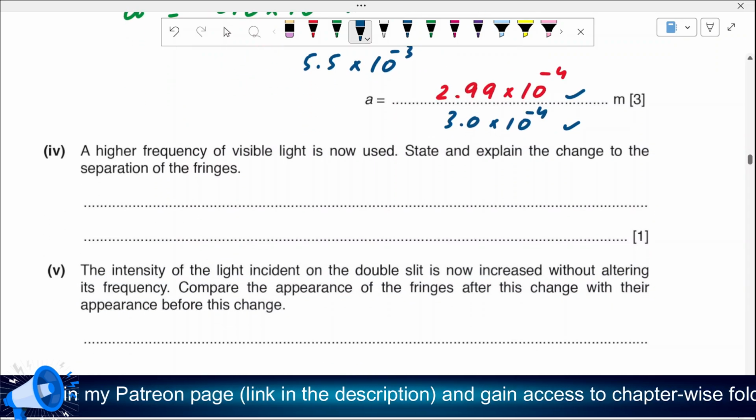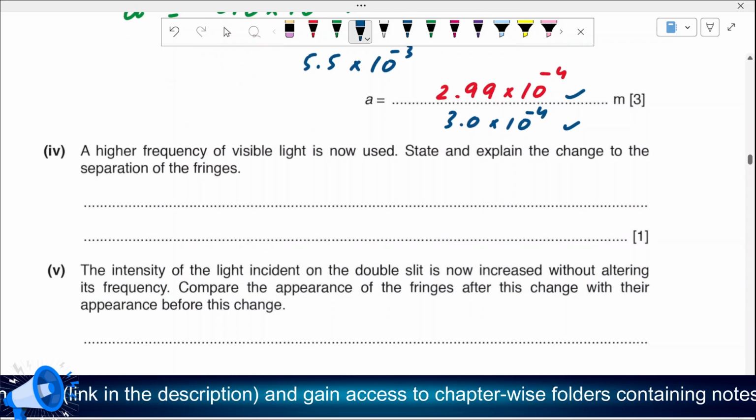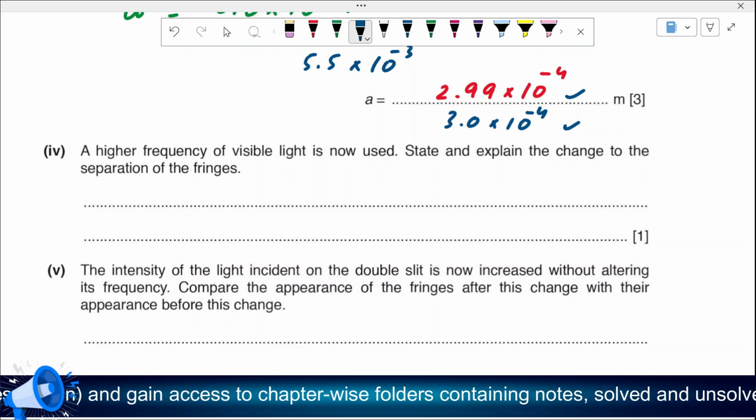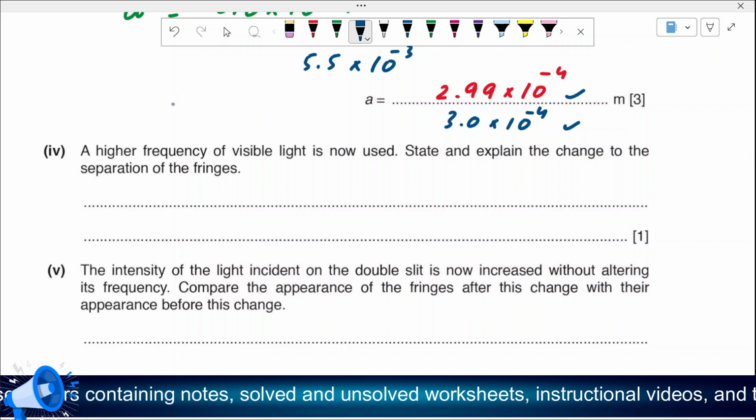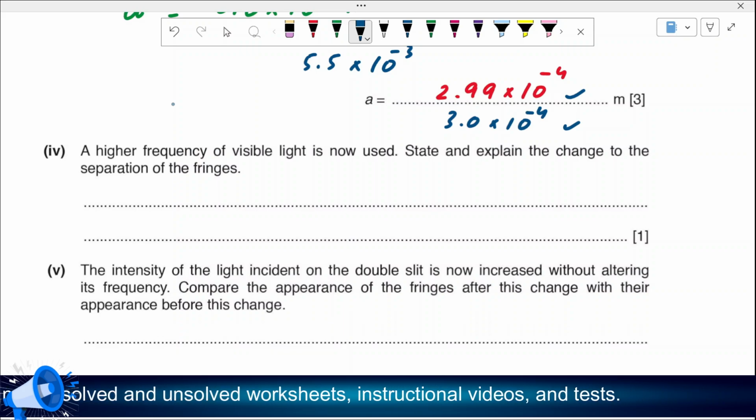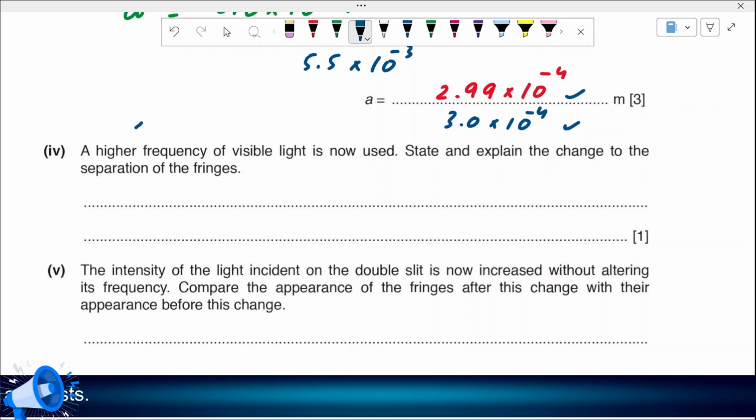A higher frequency of the visible light is now used, so they have changed the color. Now probably, let's say the initial one was red, now they have used blue. If they have increased the frequency, it could be anything, but let's say they have gone from red to blue. So explain the change to the separation of the fringe. If they have increased the frequency, it means they have lowered the wavelength.